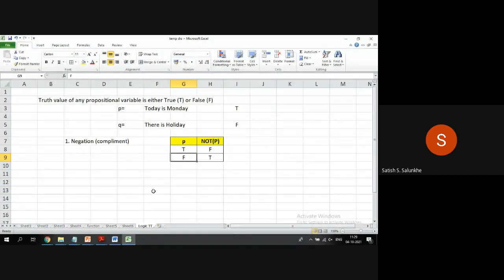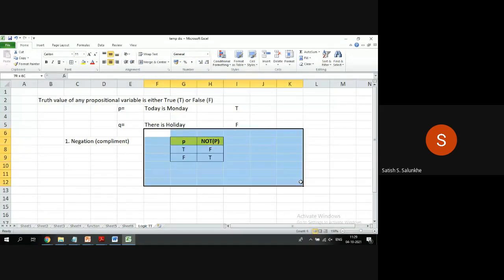Now you are able to view. Is it visible?